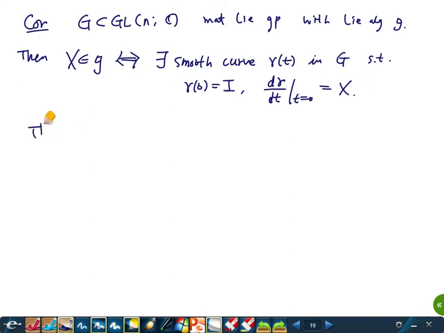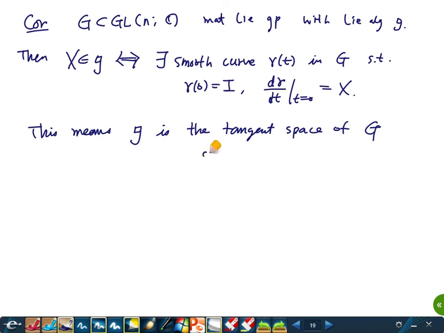This means Gothic G is the tangent space of G at the identity.